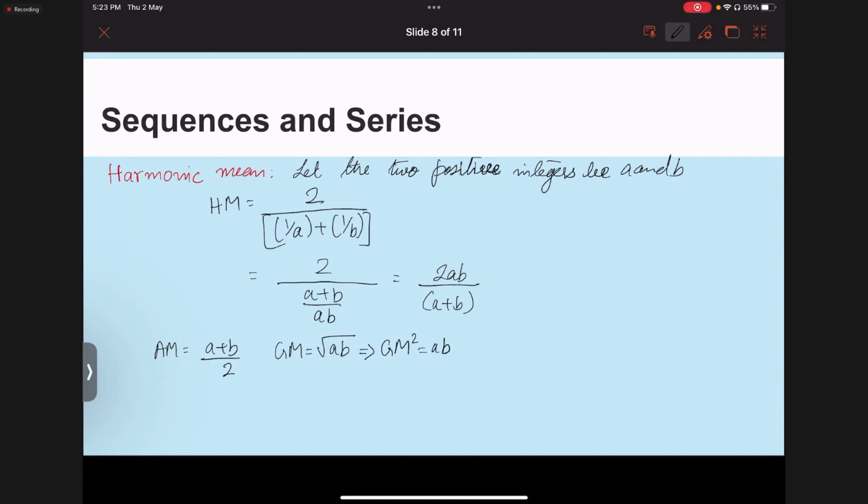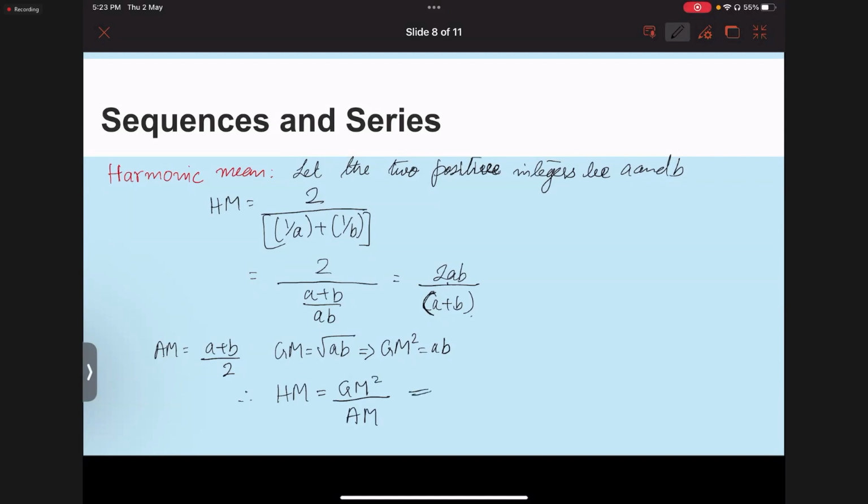So you can see that if you take 2 upon A plus B, that is actually the reciprocal of your arithmetic mean, and the AB part can be written as GM squared. So your harmonic mean in terms of your arithmetic mean and geometric mean can be written as GM squared, that is geometric mean squared, upon arithmetic mean.